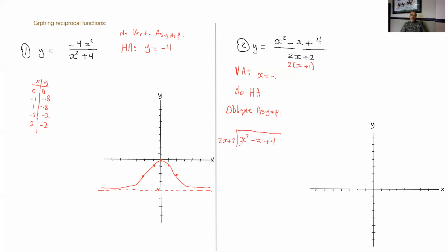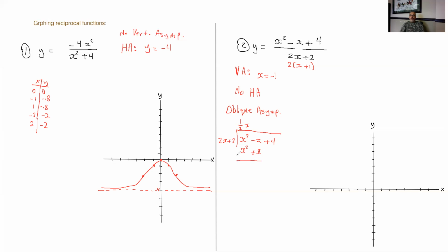So long division, basically, you do x squared divided by 2x, and that will give you half x. Half x times 2x is x squared, and half x times positive 2 will give you just x.